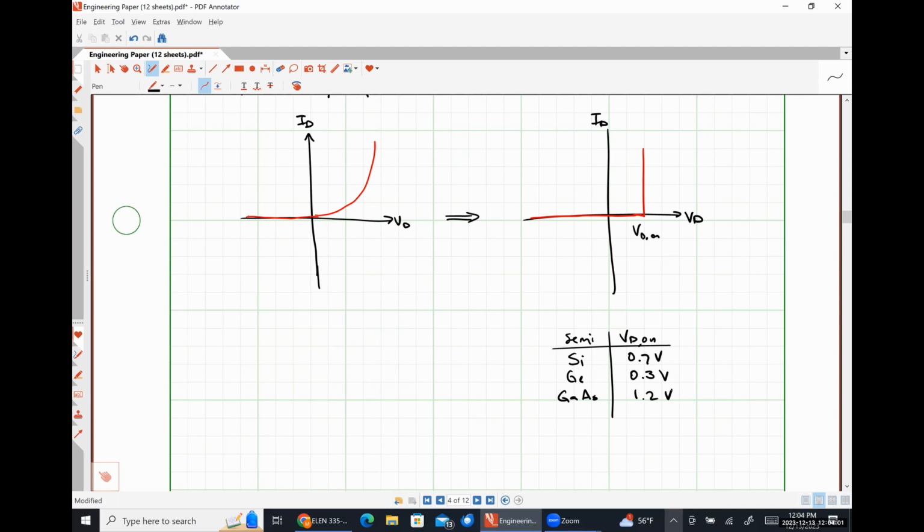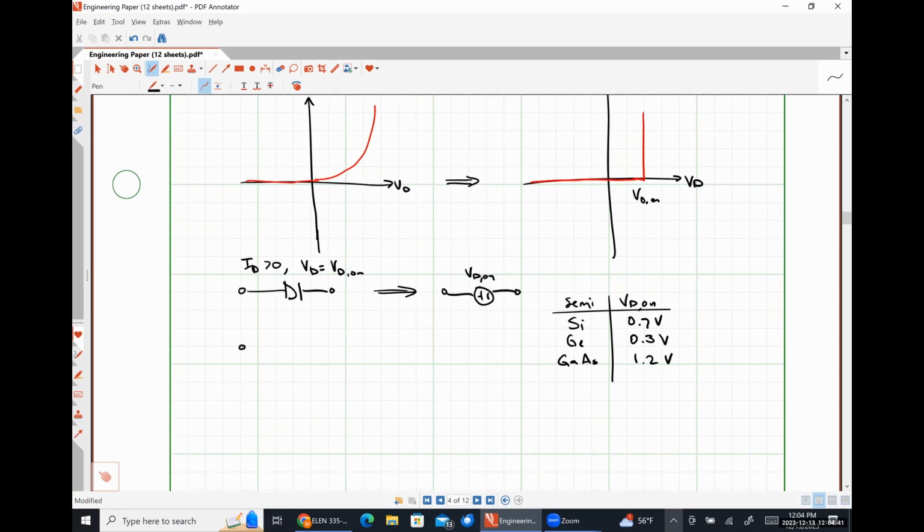So for a forward biased diode, where ID is greater than 0, we're going to say that our diode voltage is literally VD on, meaning we replace our diode with a voltage source having a value of VD on.